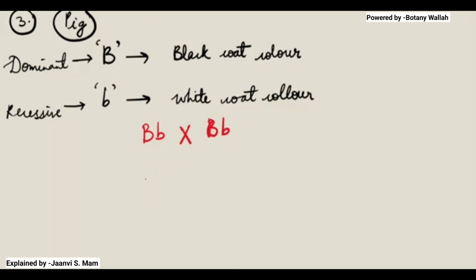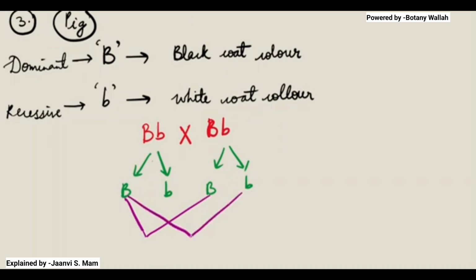So let's first write the gametes. One gamete is capital B, second gamete is small b. Here also you get the same gametes. Then you have to simply cross, 1 with 3, 1 with 4, 2 with 3 and 2 with 4.